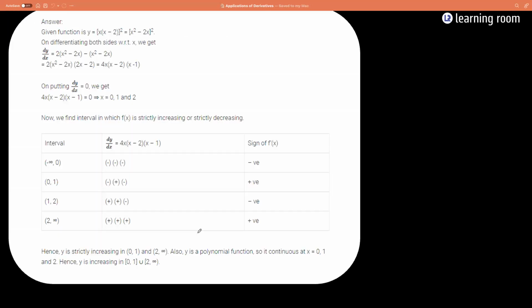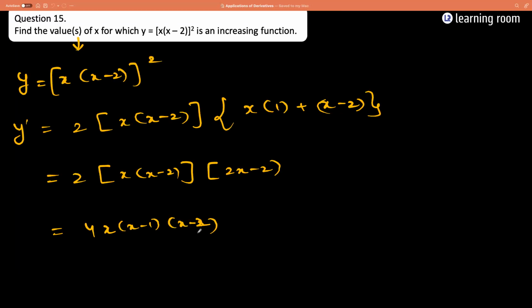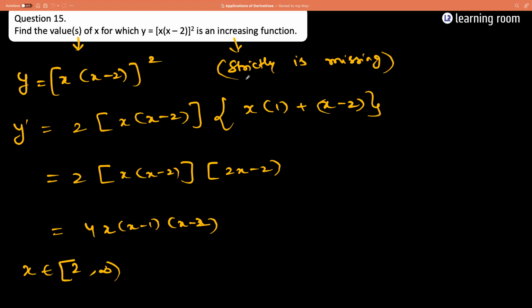Sir, it's increasing. We have to find for increasing, you know. So 2 to infinity. Open or closed? Closed. Why closed here? Because what is missing for you to use open? Strictly is missing. If strictly is not there, then you can use a closed. Only 2 to infinity, are you sure?